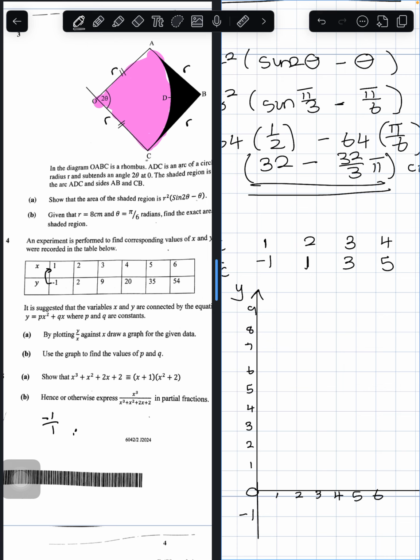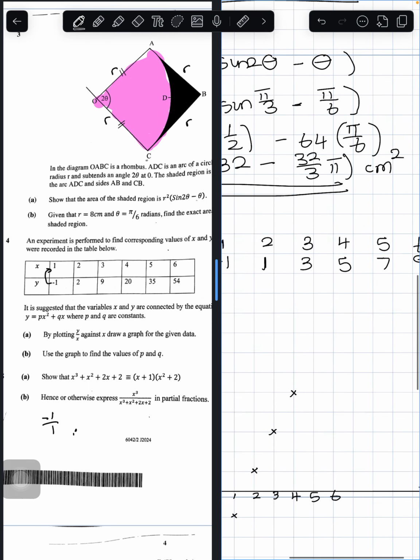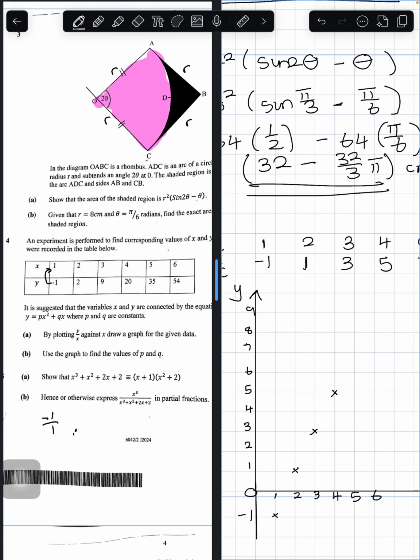That's good. So my first point is 1, minus 1 right there. The second one is x is 2, 1. Third one is 3, 3. Then 4, 5. And then 5, 7.